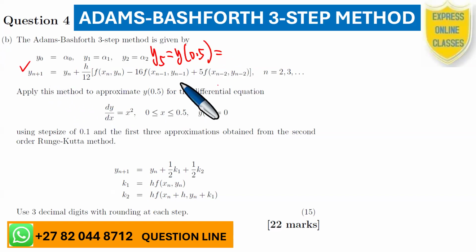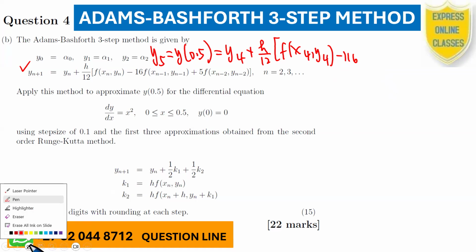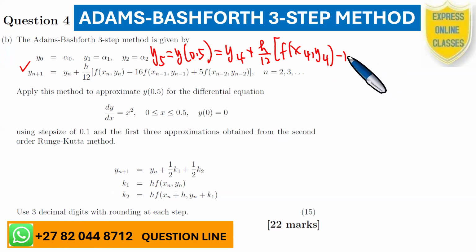According to the Adams-Bashforth three-step method, y sub 5 is going to be y4, h divided by 12, if this is 4, this is x4, y4, minus 16 f of, okay?